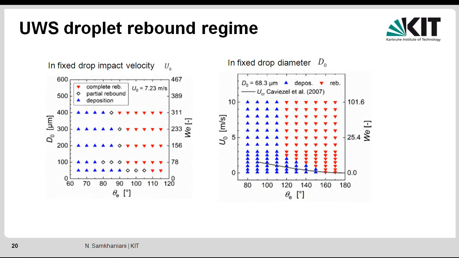Here we use an oil-water solution droplet to understand the criteria between the rebounding regime and the deposition regime. So we made a lot of simulations for different initial diameters and initial velocities and with different contact angles to define a regime map.